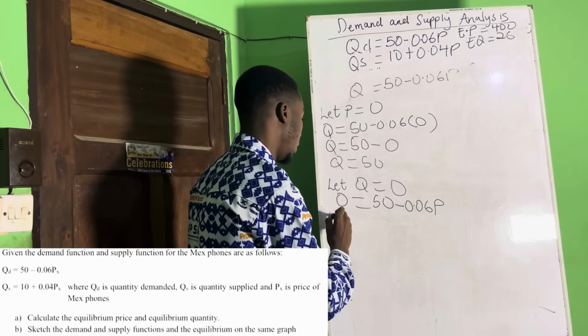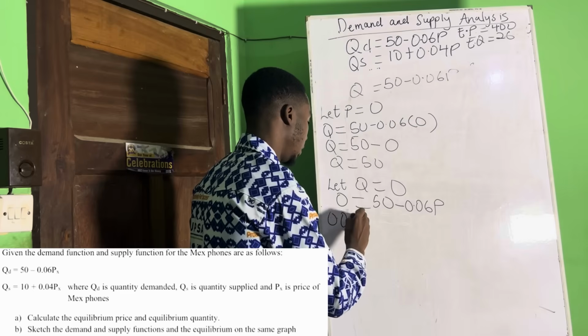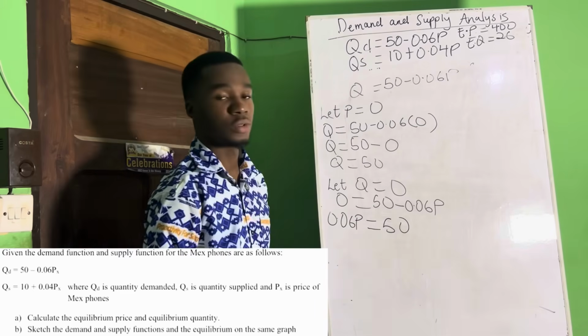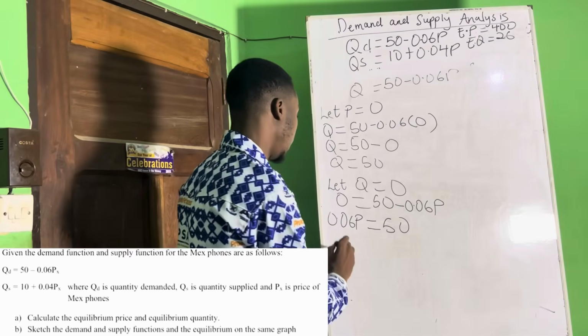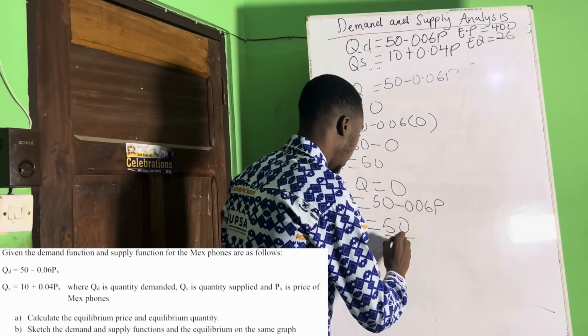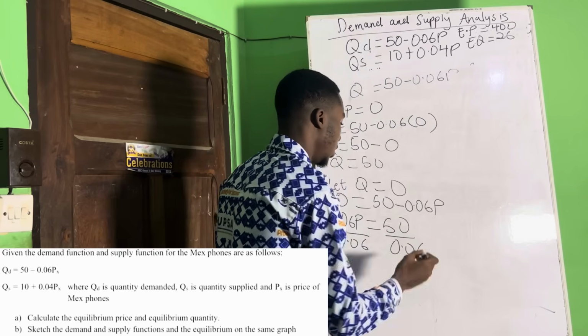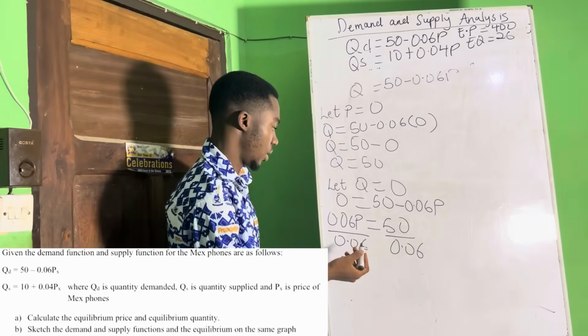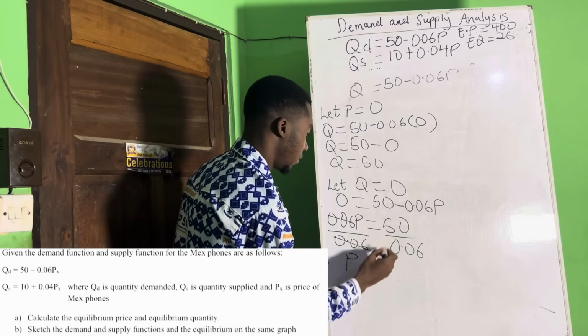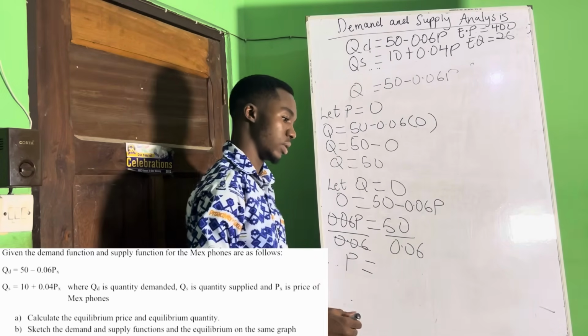So it becomes 0.06p is equal to 50. Do you get it? Now we can divide both sides by 0.06 to make P stand alone. Do you get it? So this will cancel this. Then P will be equal to 50 over 0.06.